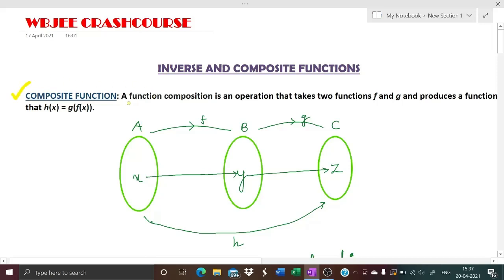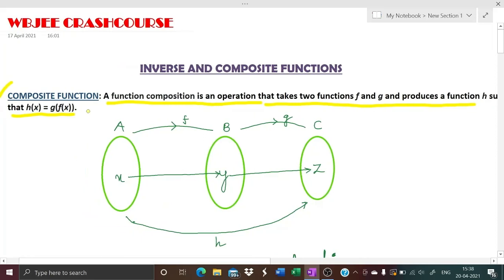Let's see the definition, which says that a function composition is an operation that takes two functions f and g and produces a function such that h of x equals g of f of x.